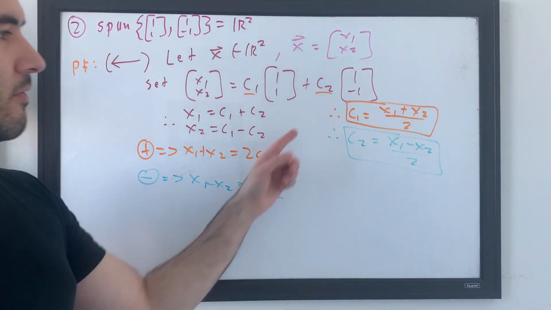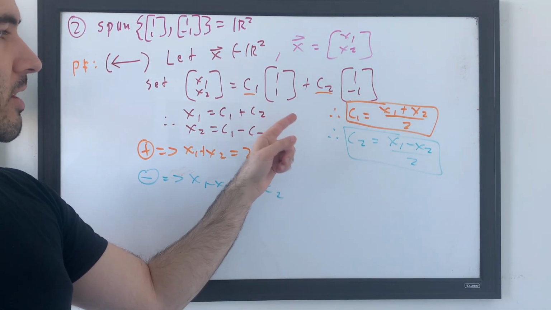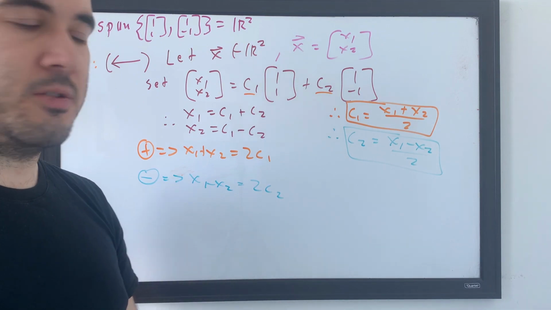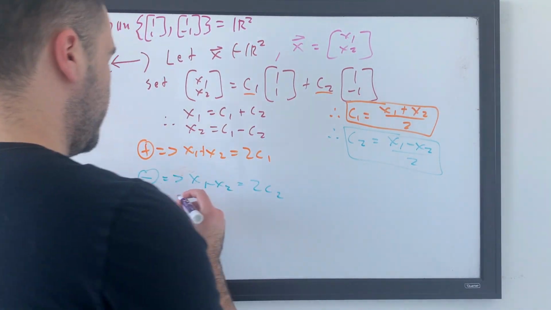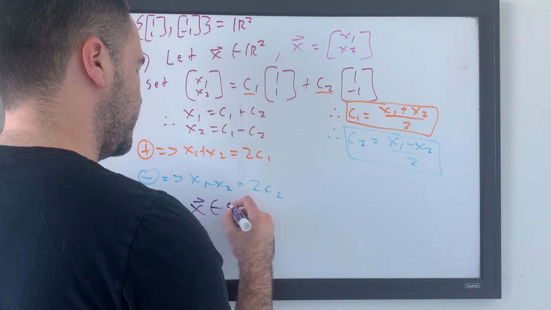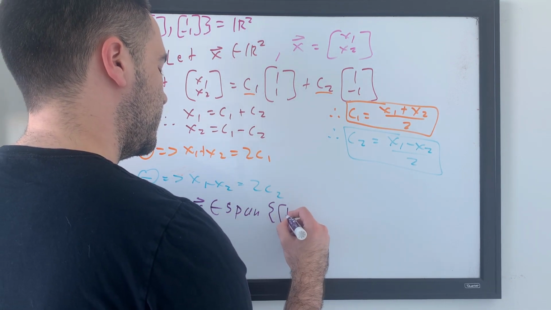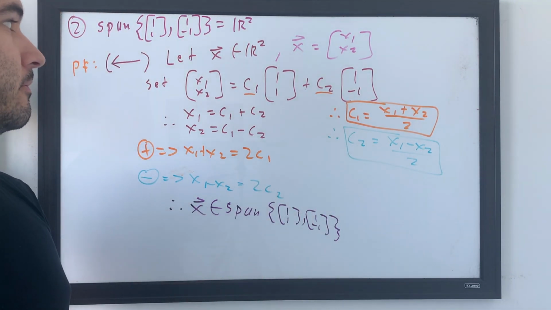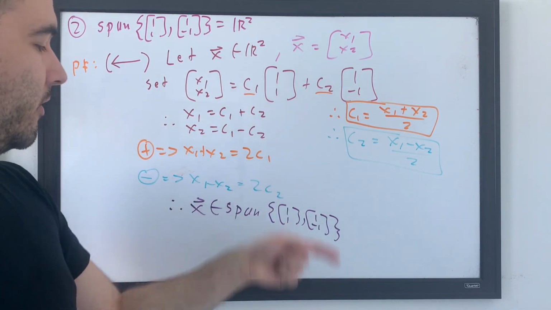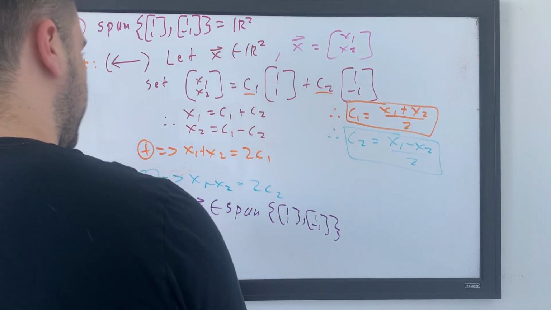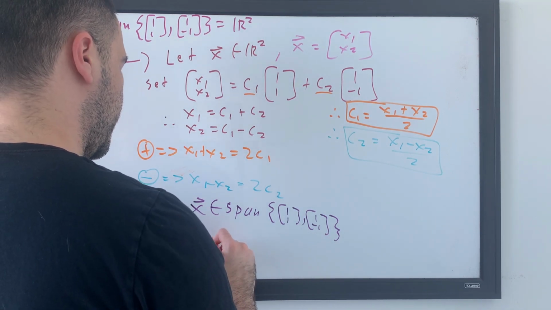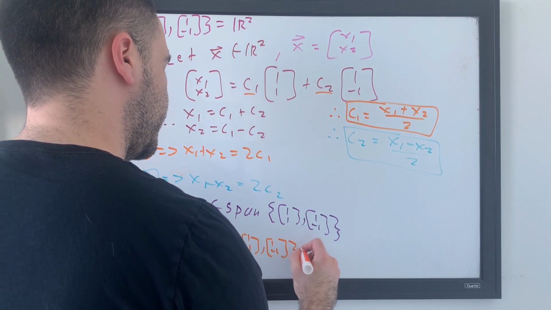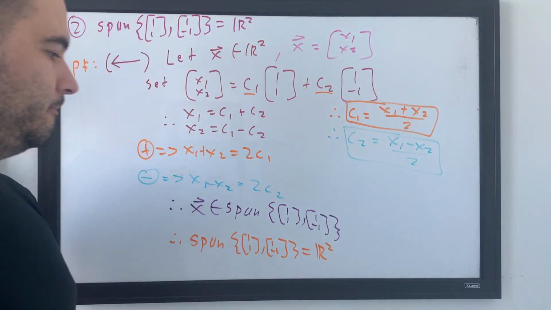Okay, so now what we've done is we've found two real numbers such that we can write any vector that is within R squared as a combination of these two. Therefore, x is within the span of vectors (1, 1) and (1, -1). Because we proved the backwards direction and the forwards direction, we can now write that the span of our two vectors (1, 1) and (1, -1) is in fact R squared.